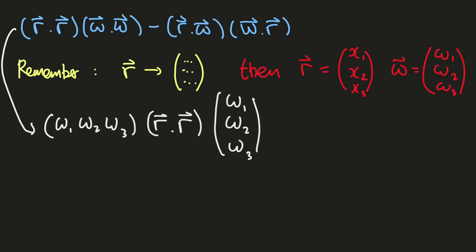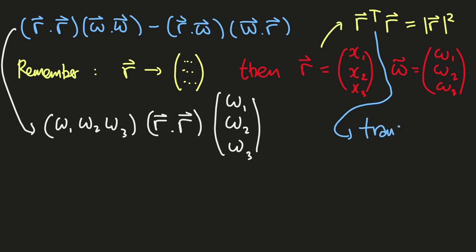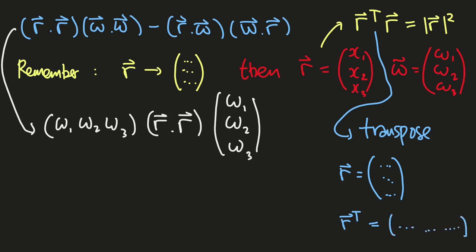But before we continue, I define this multiplication of matrices as R^T multiplied by R, which equals the magnitude R squared, where T denotes the transpose, an operation where you switch rows to columns and columns to rows. For the R vector we get this result.